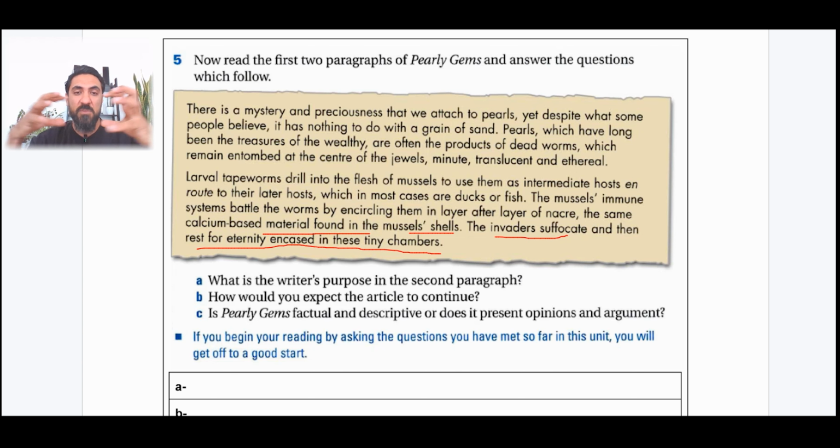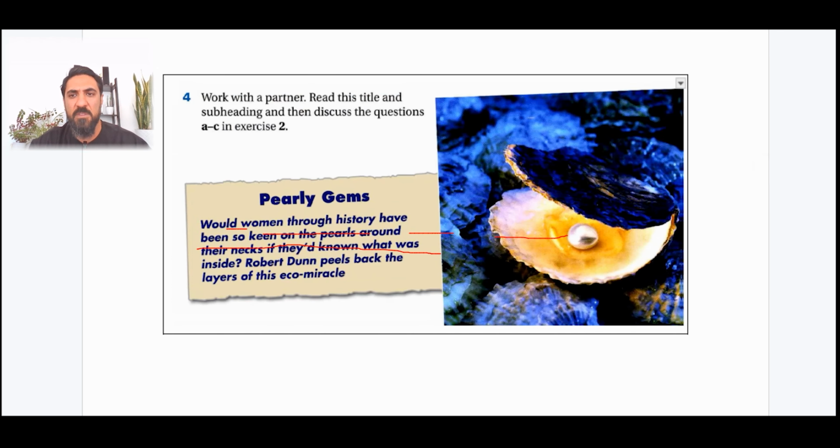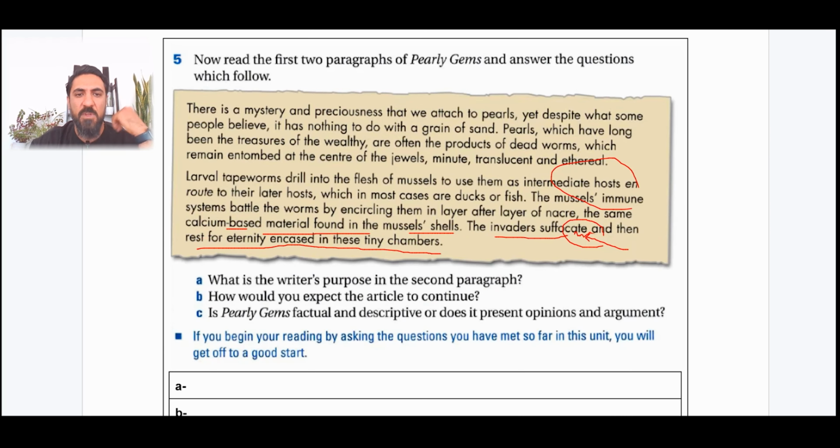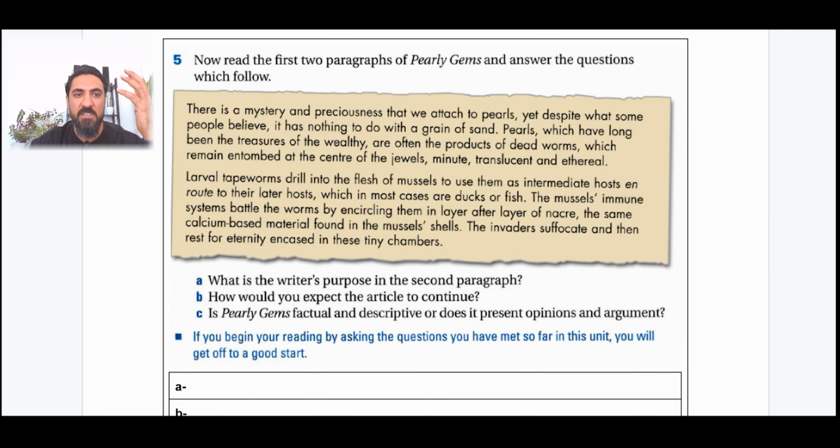The mussel's immune system traps the worm with a layer of nacre, which is the same calcium-based material in the shell. So the material which is in the shell traps the worm. So inside this is a worm, which is trapped. And that is what is generally explained in the second paragraph.